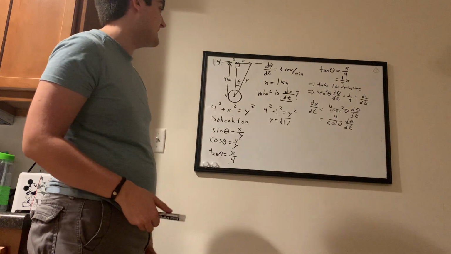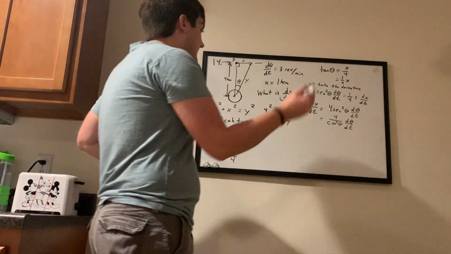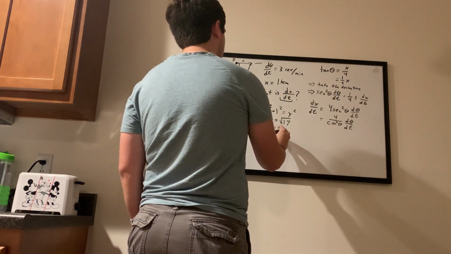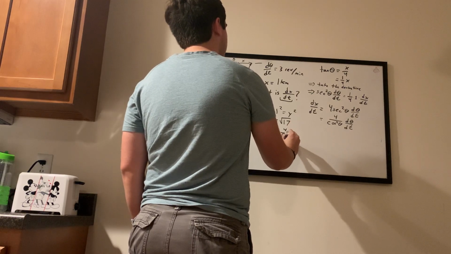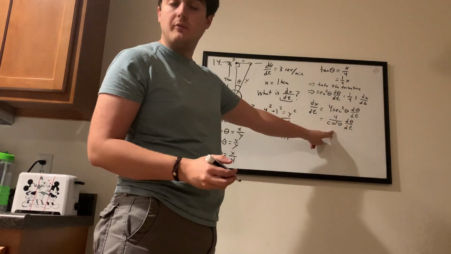Which leads us to say that though we don't know the exact value of theta at this point, cosine of theta at this point is the same thing as 4 over root 17. Great. And that's exactly what we need over here.